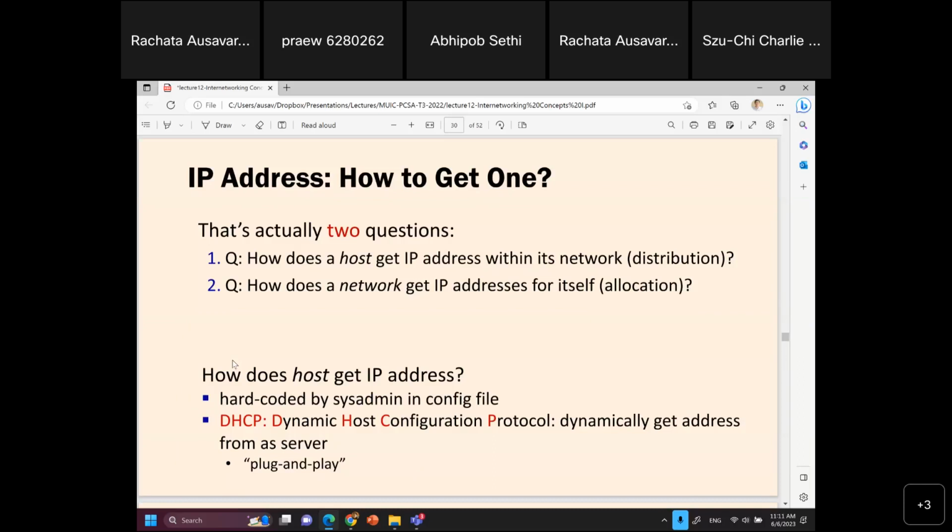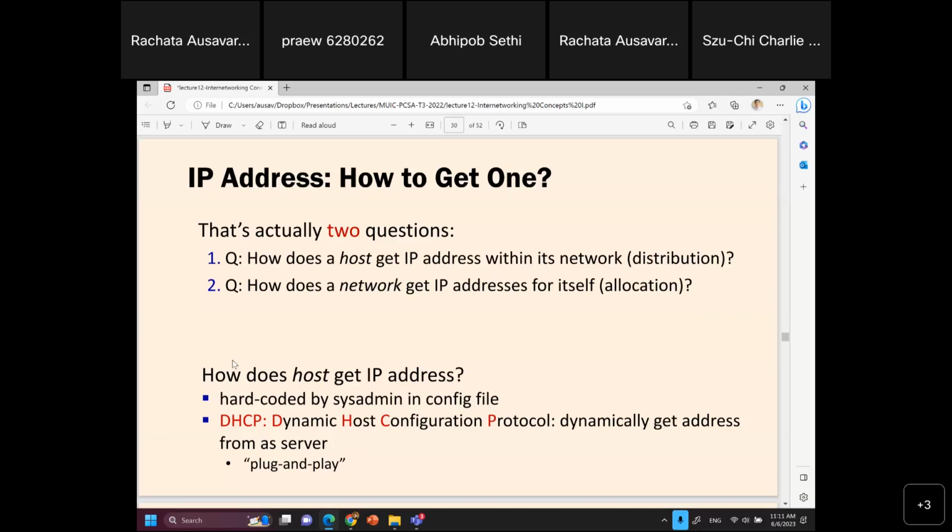The first one is I just assign the IP manually. It's called hard-coded by the system admin, right? Why is this useful? If you have a server in a network and you want to make sure whenever this server is connected, you can get there with this IP, you assign it, right?